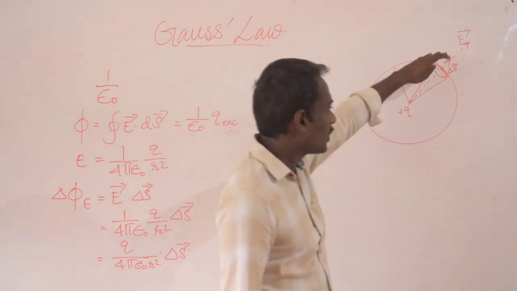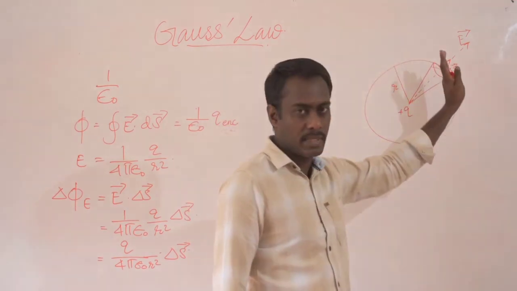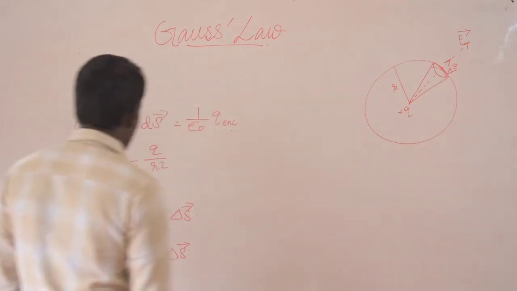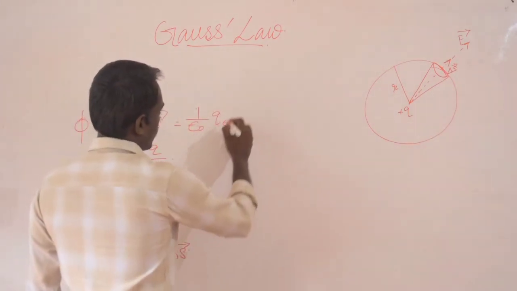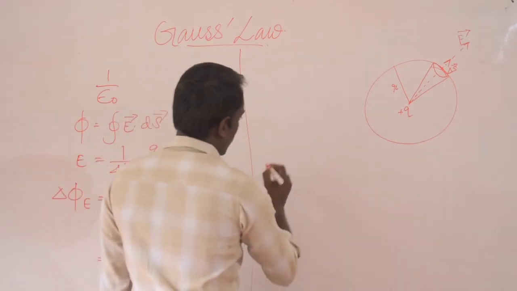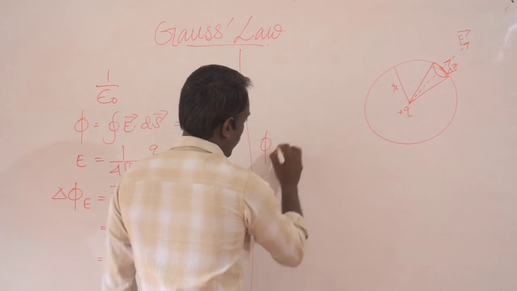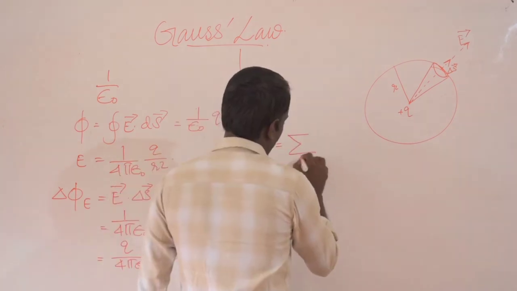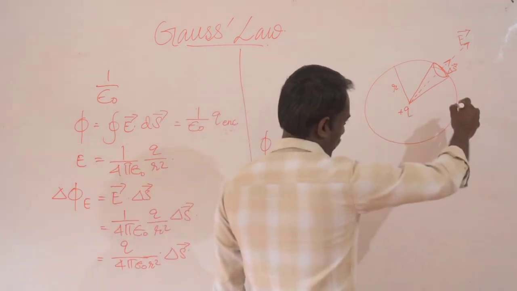Now, what will be the total electric flux through the given surface? The total electric flux will be phi is equal to the sum over all the area elements.